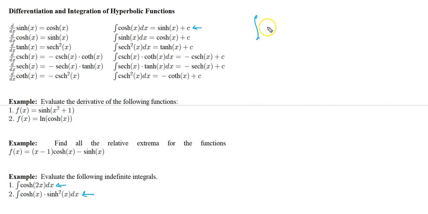Let's take a look at this one. So here we want to evaluate the antiderivative of this function. Now this one's a little bit trickier. Let's think about some type of substitution we could do. Let's think if I let u be some piece here, perhaps I could let u be either cosh or sinh, and then I could recover the rest from the du part.